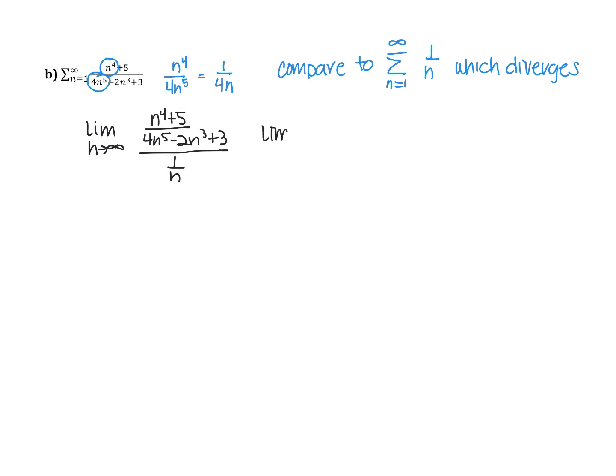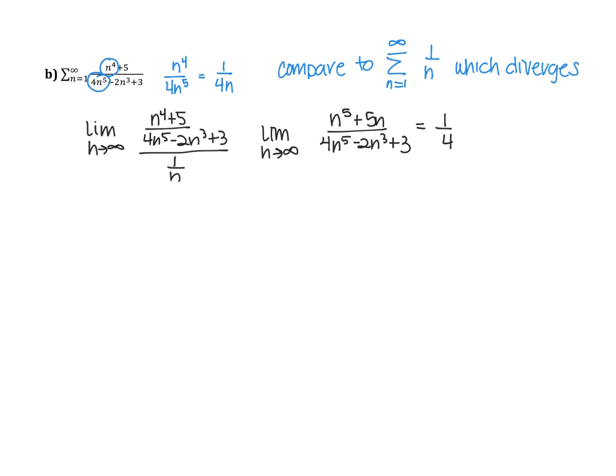This would be the limit as n approaches infinity, and this would give me n to the fifth plus 5n over 4n to the fifth minus 2n cubed plus 3.